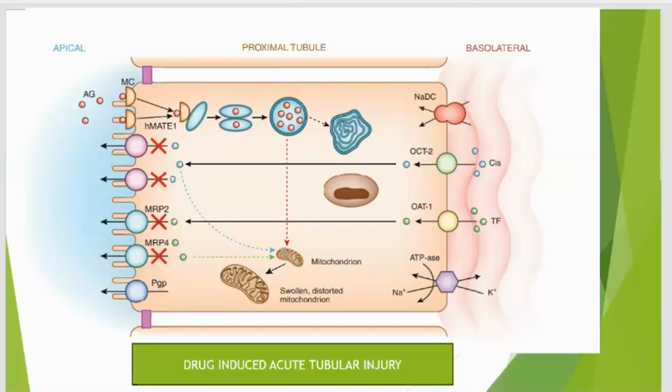On the other hand, drugs like NSAIDs, which block the apical efflux of tenofovir, can increase kidney injury. So once we find that the patient has kidney injury because of these drugs, early discontinuation can help us prevent it.